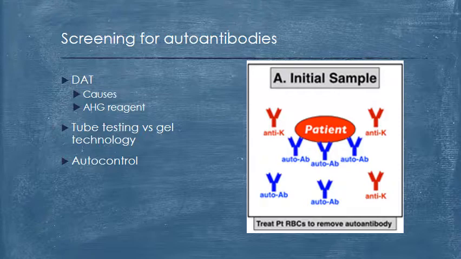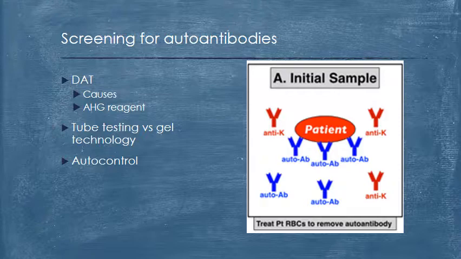Tube testing can usually detect between 100 and 500 molecules of IgG per red cell. So that's above the normal. And between 400 and 1100 molecules of complement at a minimum. Those are the minimums. You can see there's a slight overlap with complement, but it's very slight. So the normal amounts usually would not trigger a positive tube test.